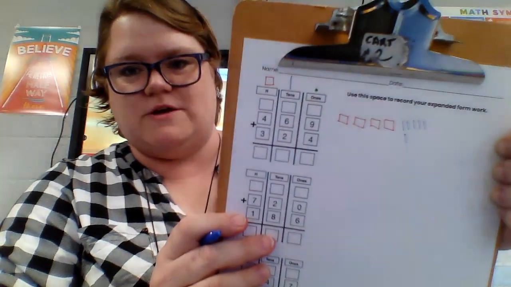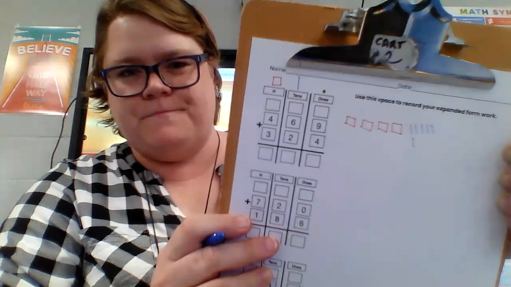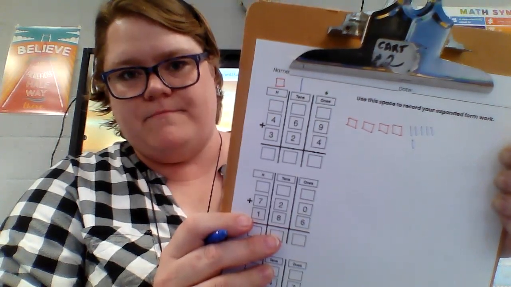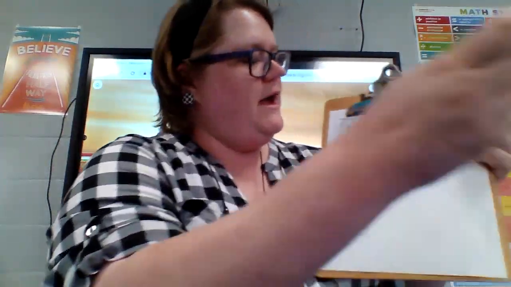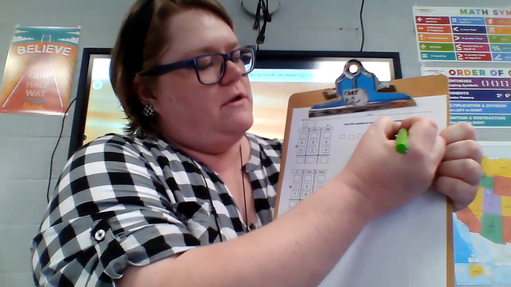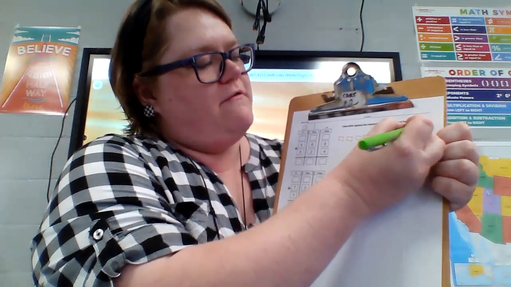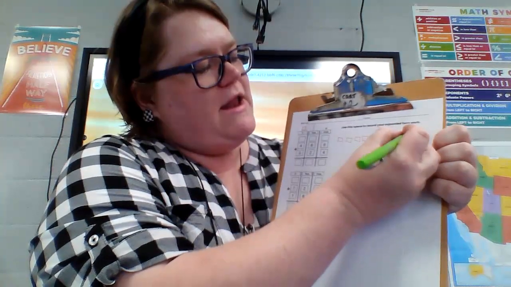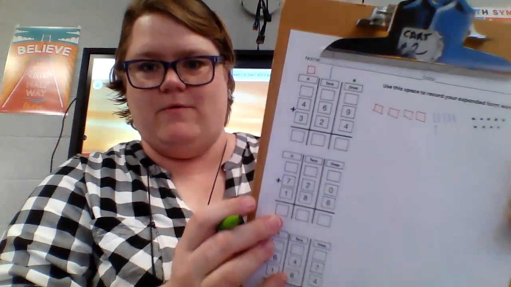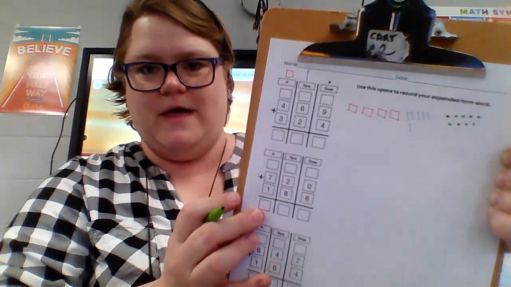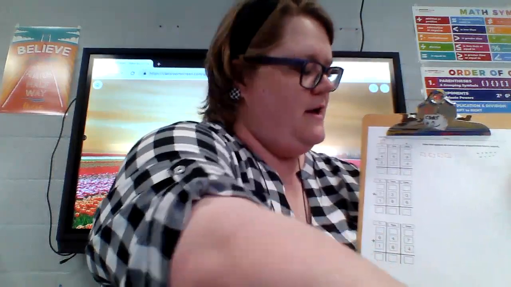I usually like to group by 5s. I like to do that. Okay, and how many ones? 9 ones. 1, 2, 3, 4, 5, 6, 7, 8, and 9. There we go. 469.